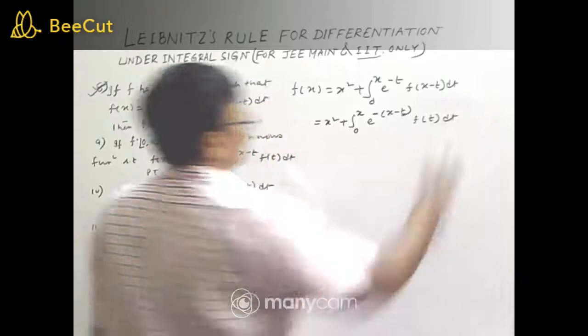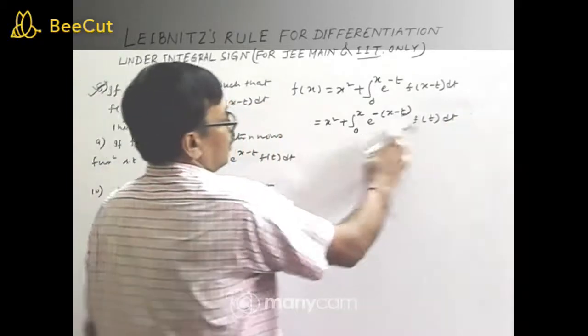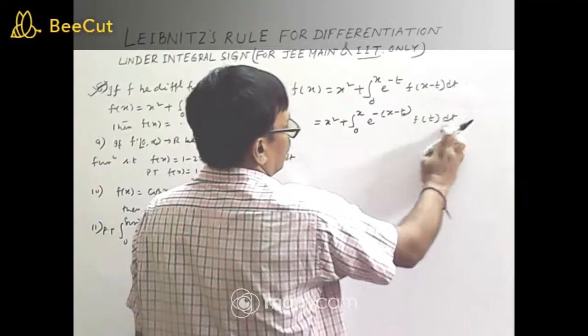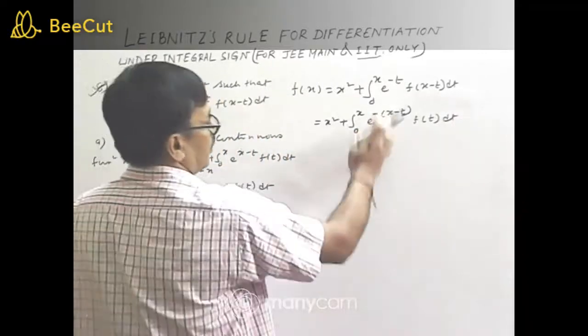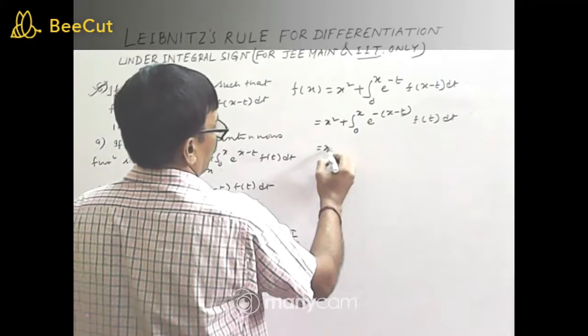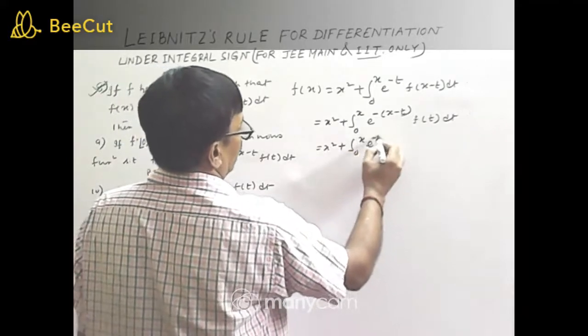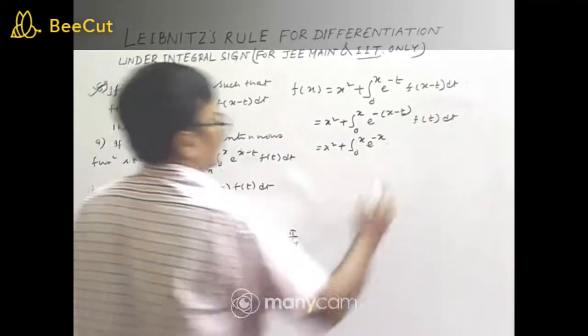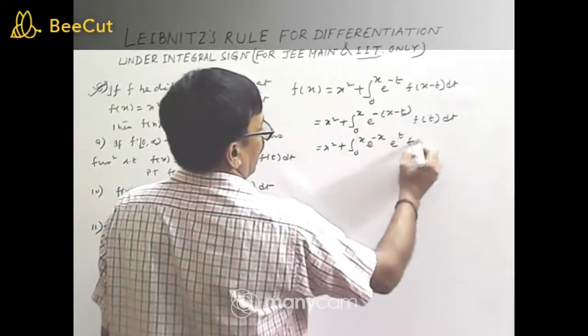Now look, it is an integration in terms of dt. So e to the power minus x is a constant here. So from 0 to x, we can write it e to the power minus x, e to the power t f(t).